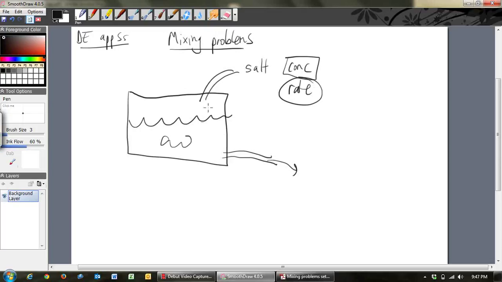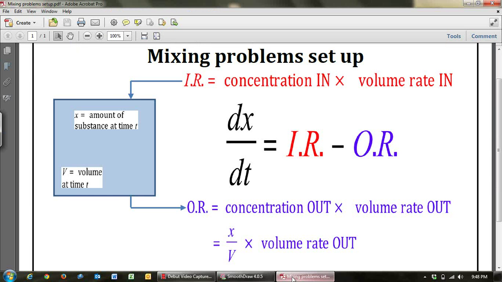You know what the rate is, and normally X, or it can be Q, is how much salt is in the tank at some certain time, and you usually know what the volume of the tank is, like 200 litres or something like that, and you're usually told what the rate is coming out, and you have to find the concentration and things like that. So that's the general problem, and I'll just flick over to this because I think this explains it the best.